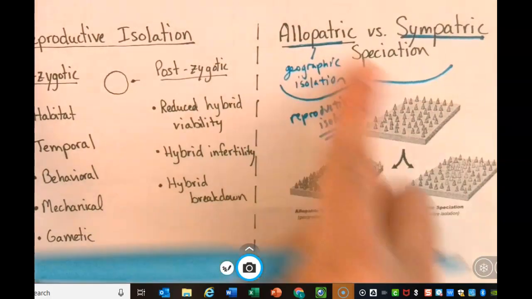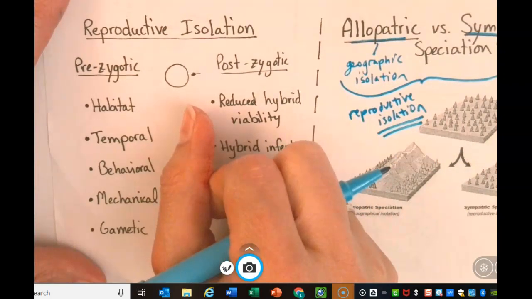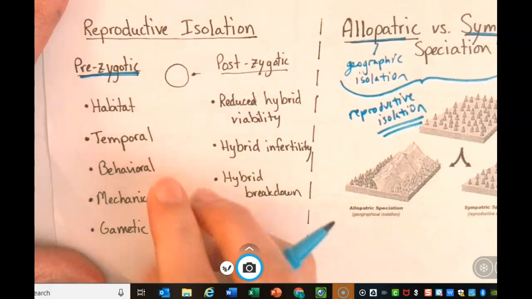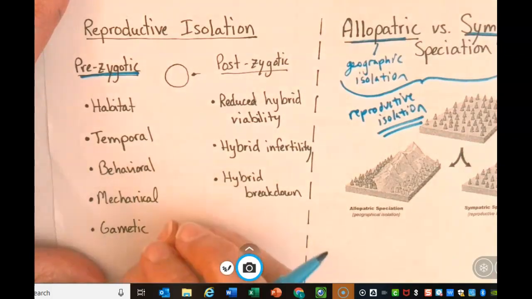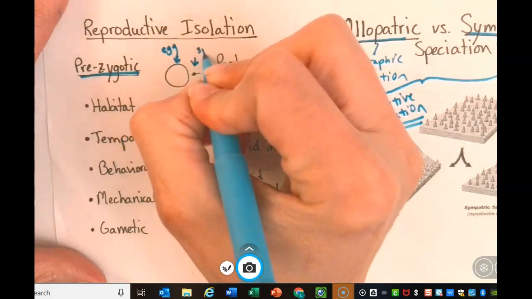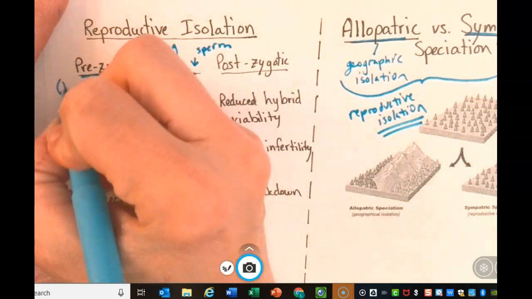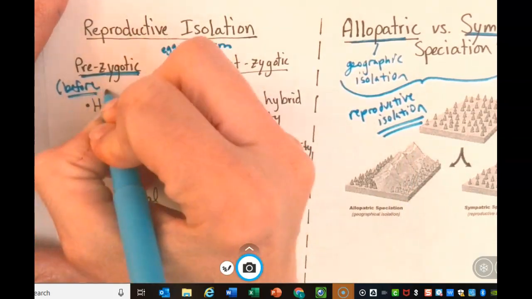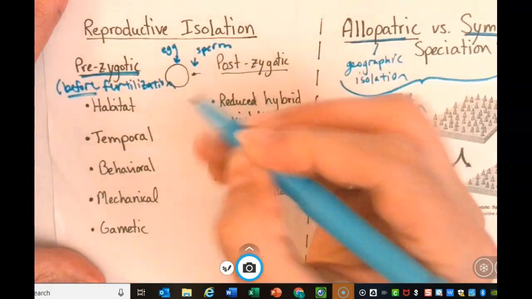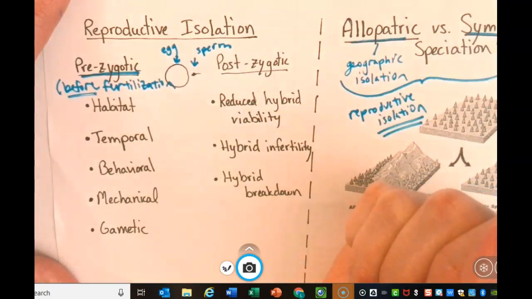So when we look at reproductive isolation, we can break it down into prezygotic versus postzygotic isolation. Prezygotic isolation is before the egg and the sperm unite, so before fertilization, and can include habitat, temporal, behavioral, mechanical, or gametic isolation.